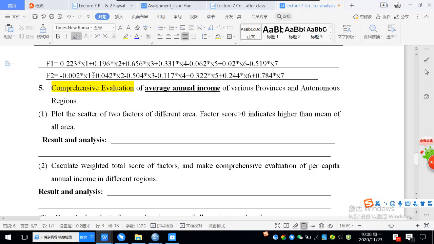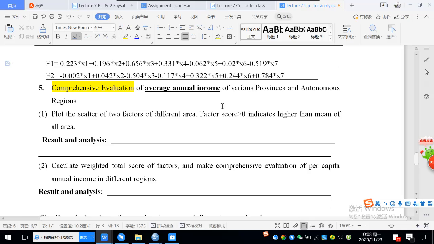F2 is the foreign investment economic units. Okay, so how about the average annual income of different province? Yeah, you are asked to use one score.